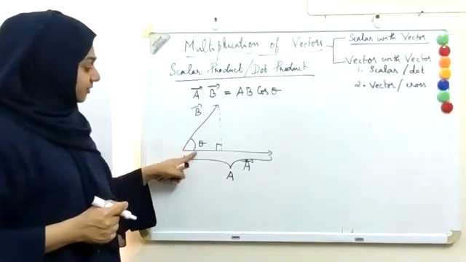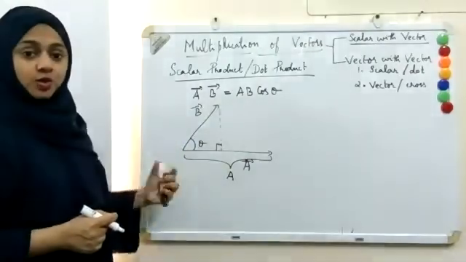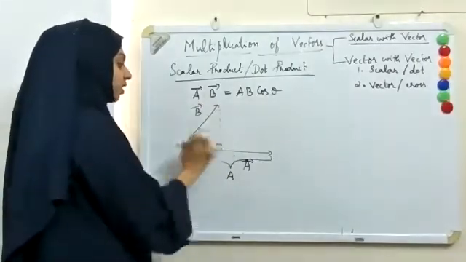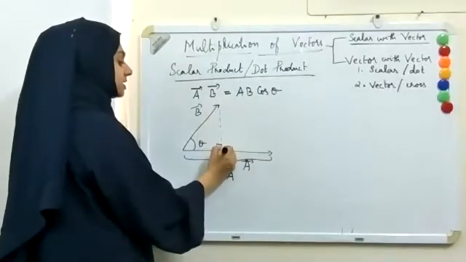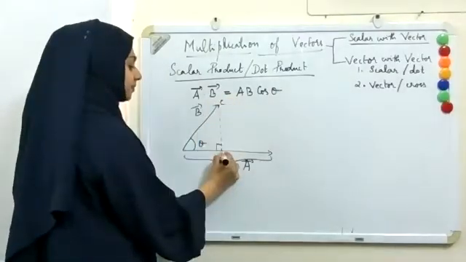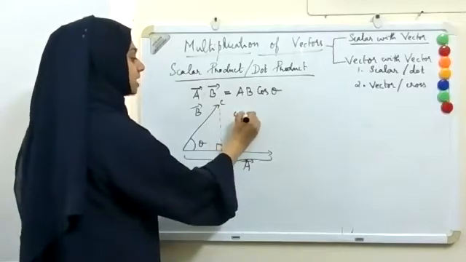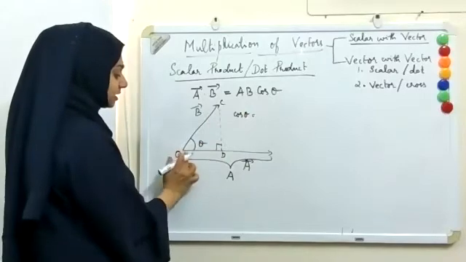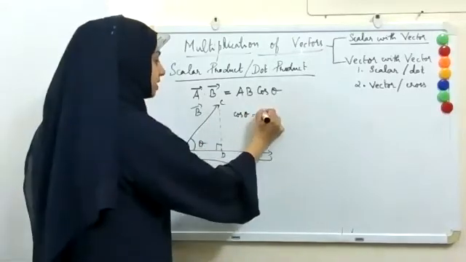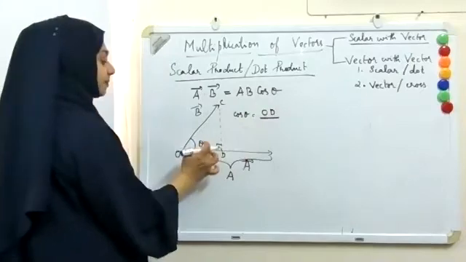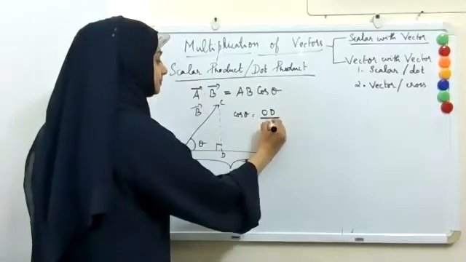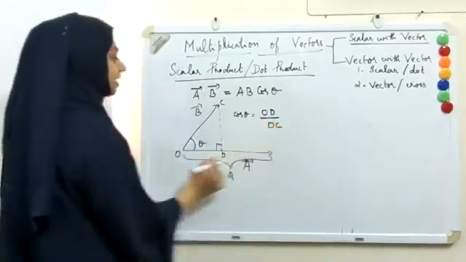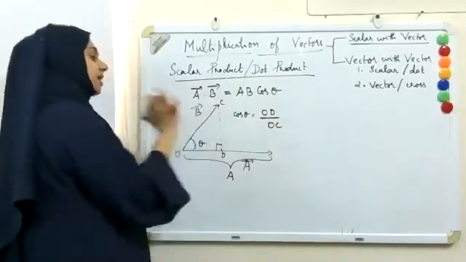Theta is the angle between A and B, right? So what is B cos theta? This is the hypotenuse and this is the opposite side. Just for reference, let me represent it as CD. What is cos theta? Cos theta is equal to adjacent side, let this be O, OD divided by OC, adjacent side by hypotenuse.